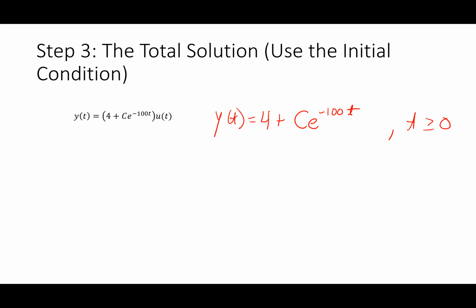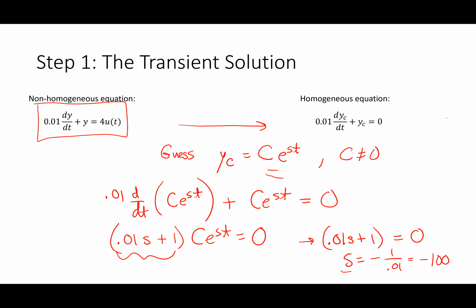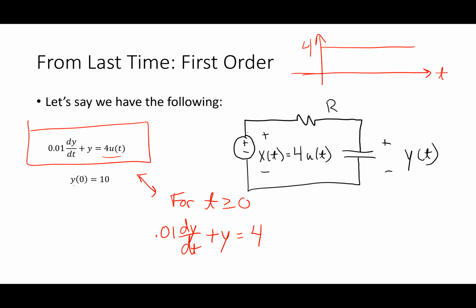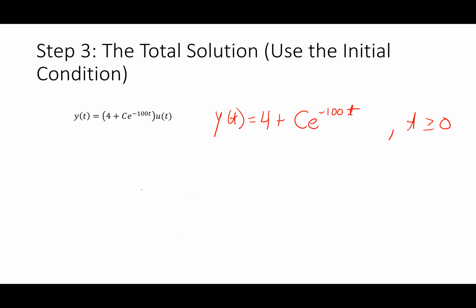Okay. Now, what do I do now? Still got one unknown term here, right? My initial condition, I need to figure out what c is. So back to what I said at the very beginning, my initial condition is that y of 0 is equal to 10. So how do I use that here? Yeah, plug 0 in. So I say y of 0 is 10. That's equal to 4 plus c e to the negative 100 times 0.